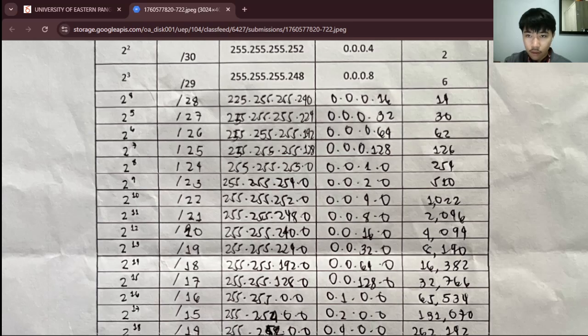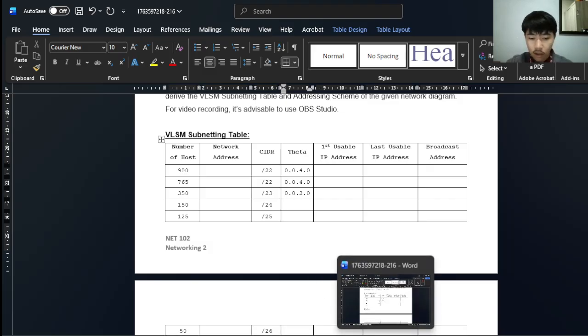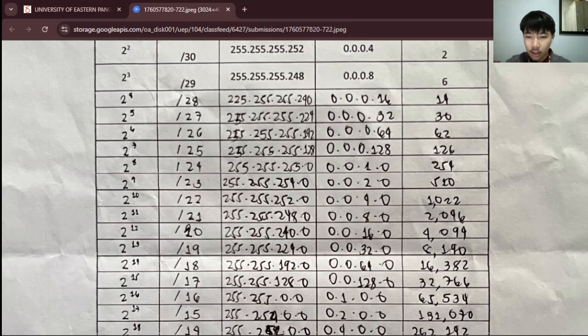The theta for CIDR 23 is 0.0.2.0. For CIDR 24, it is 0.0.1.0.